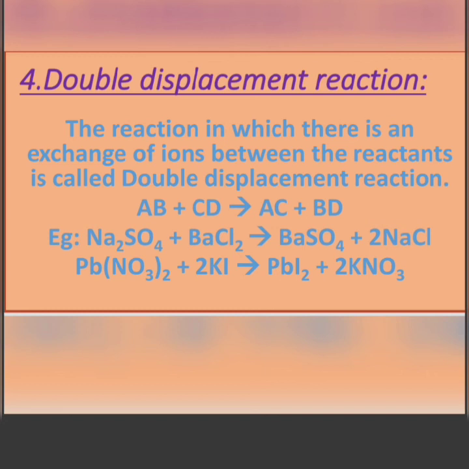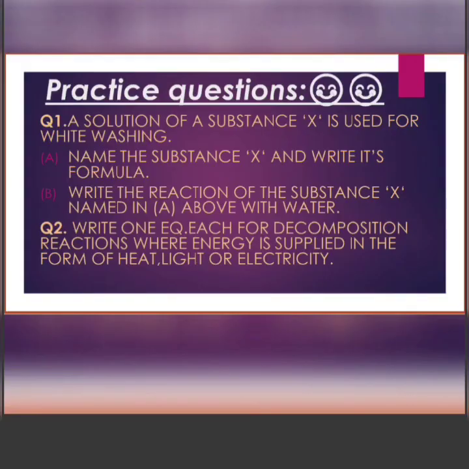But here you can see that two elements are displaced in this reaction. So the reaction in which there is an exchange of ions between the reactants is called double displacement reaction. I hope you have understood all the four types of reaction. First was combination reaction, second was decomposition reaction, third single displacement or simple displacement reaction, and fourth double displacement reaction.